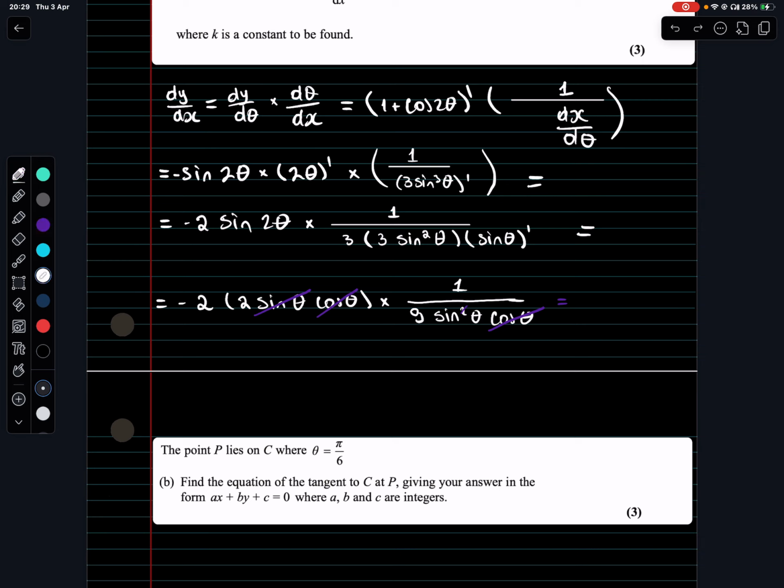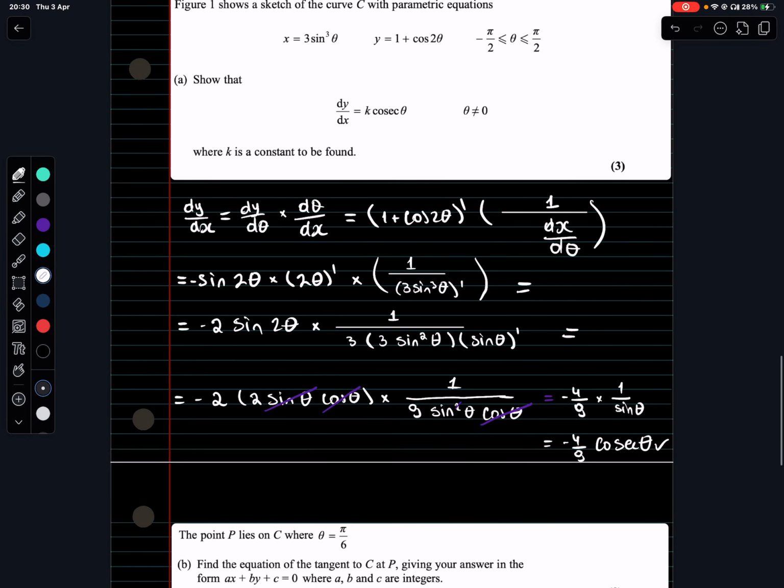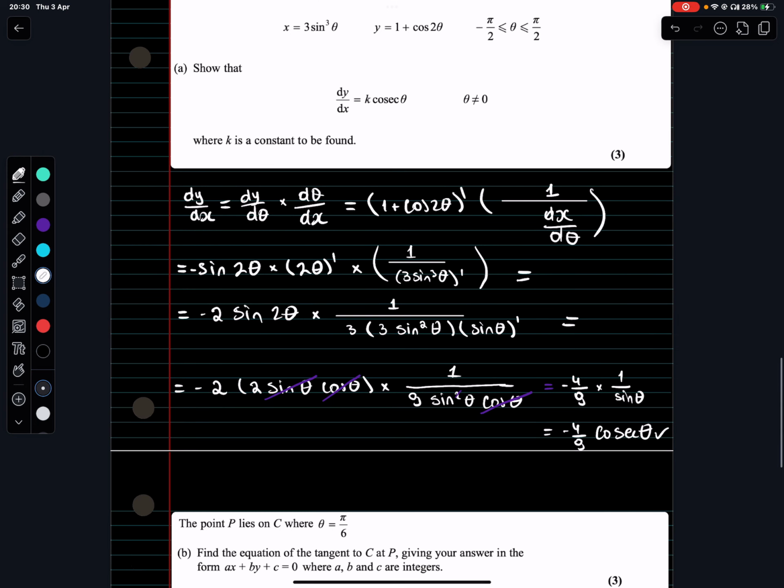I'm going to have negative 4 divided by 9, multiplied by 1 over sine theta, which can be written as negative 4 over 9 cosecant theta, and I'm done. They say show dy over dx can be written as k times cosecant theta, so k is basically negative 4 over 9.